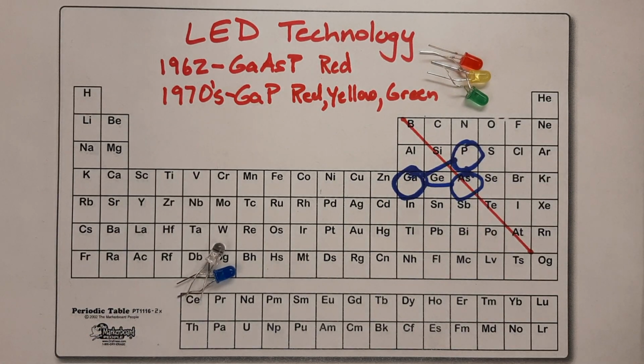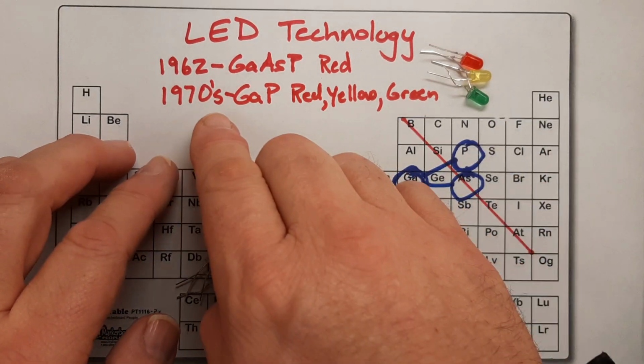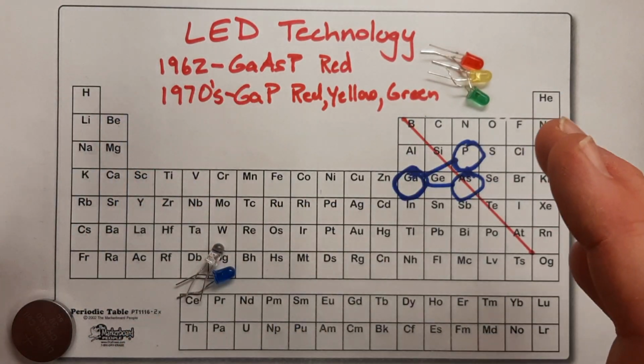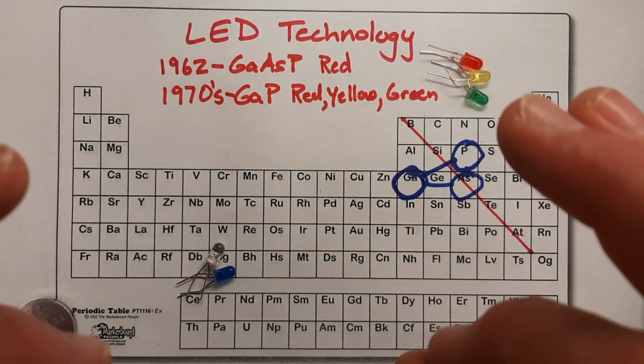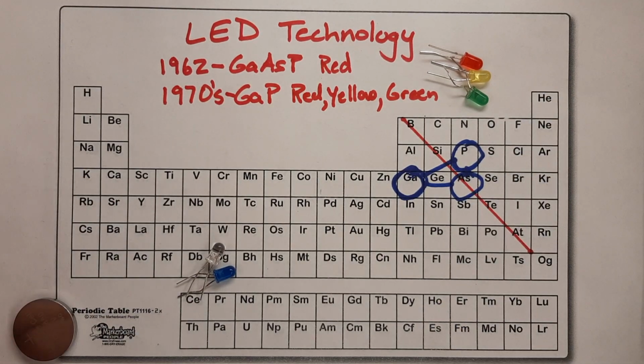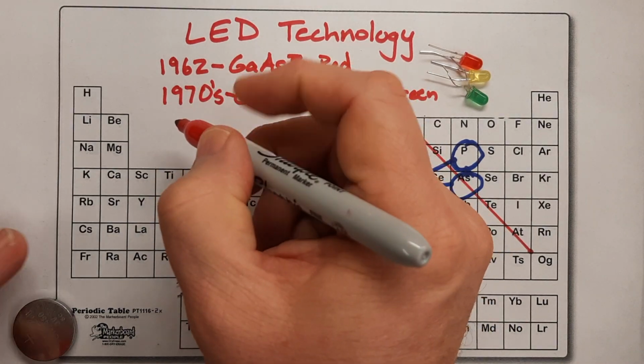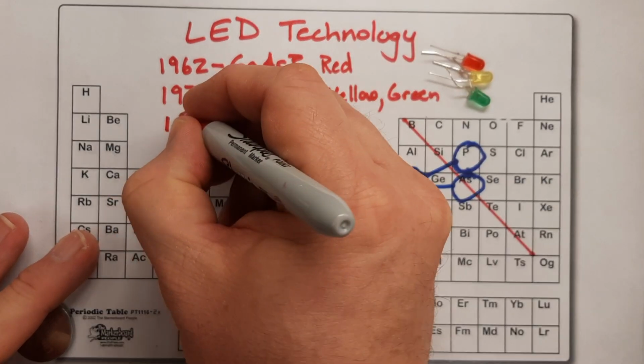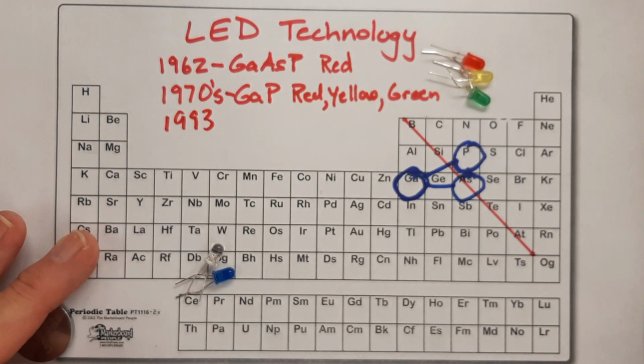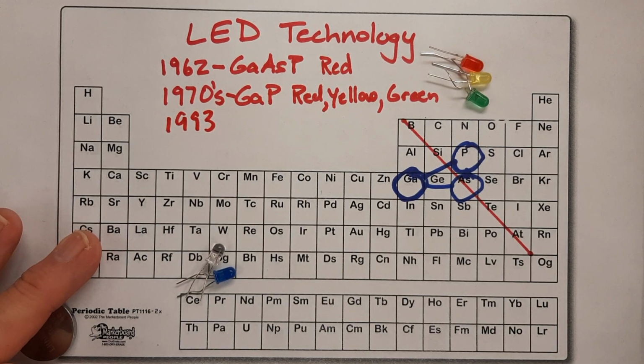Red, yellow, and green. But through the 1970s, they had not been able to come up with the blue LED. And that was the holy grail. And it wasn't until 1993. So you're here in the 1970s, push it later on, 1993, the first blue LEDs were produced.